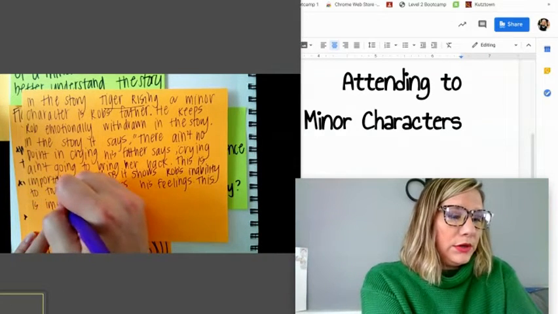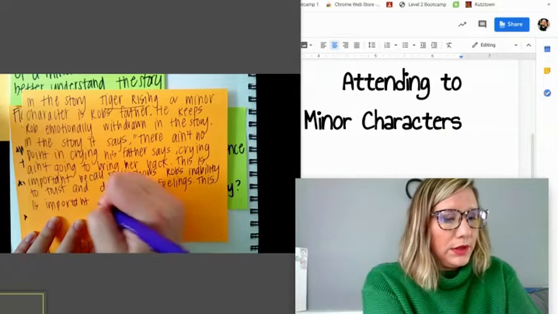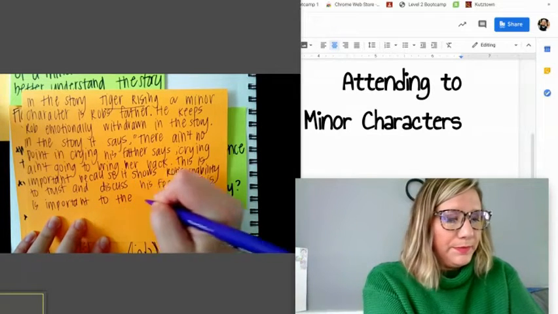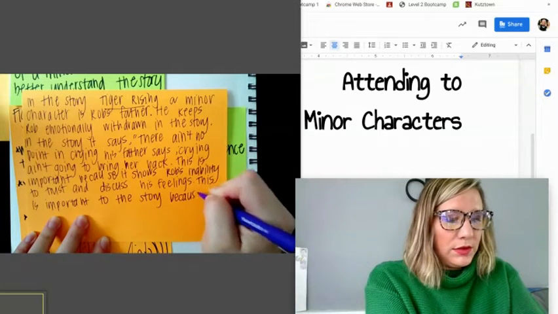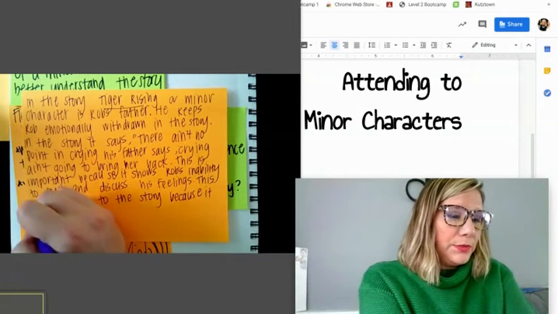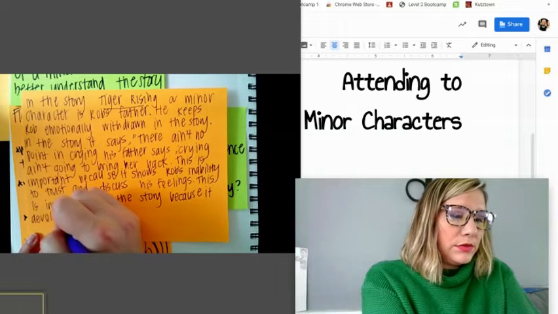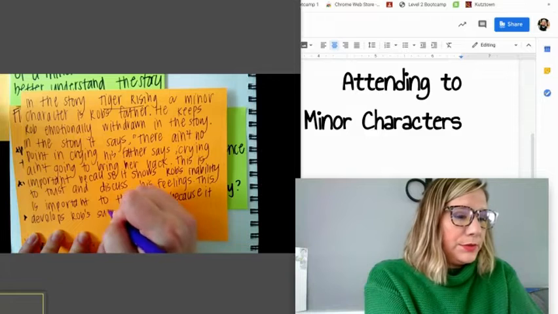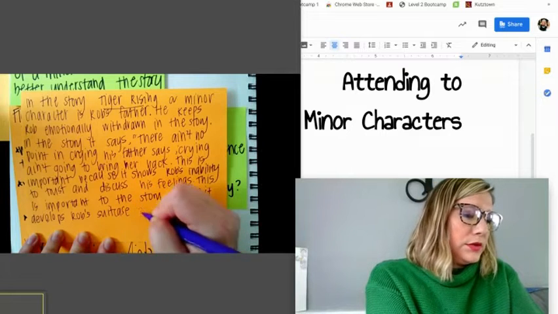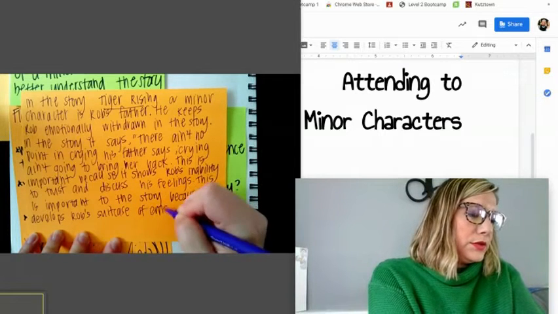This is important to the story because it develops Rob's suitcase of emotions.